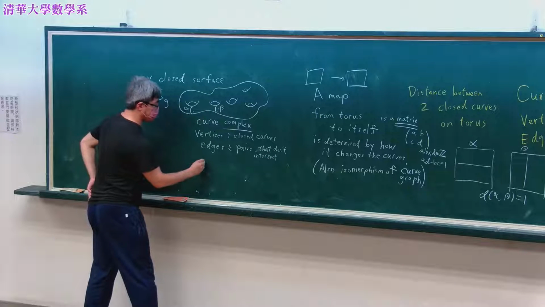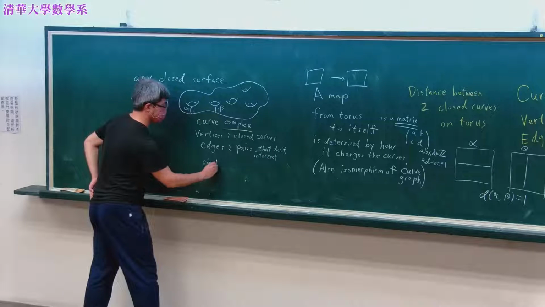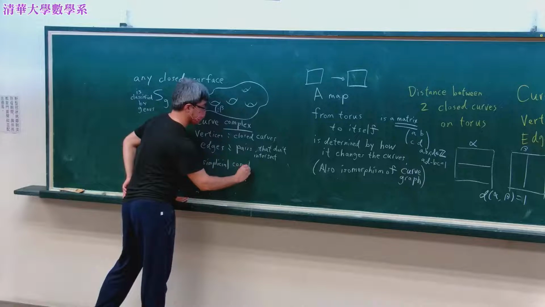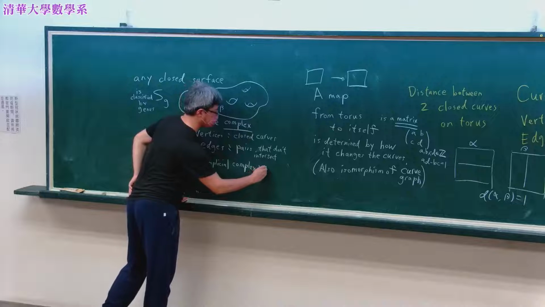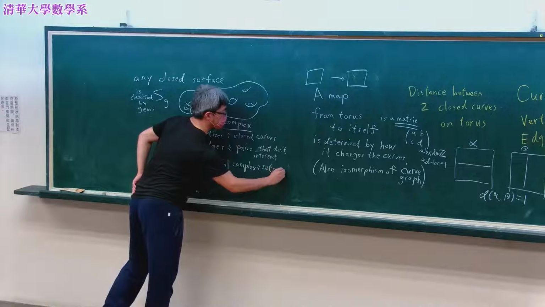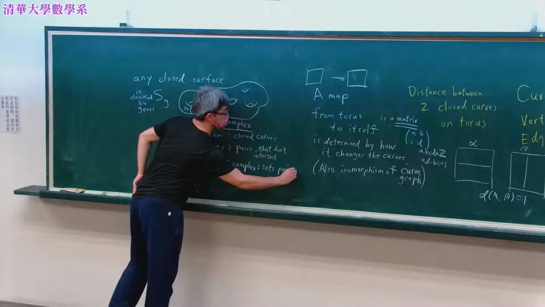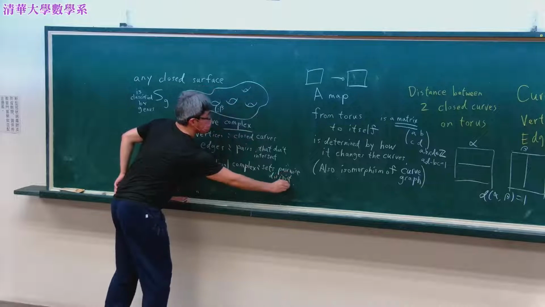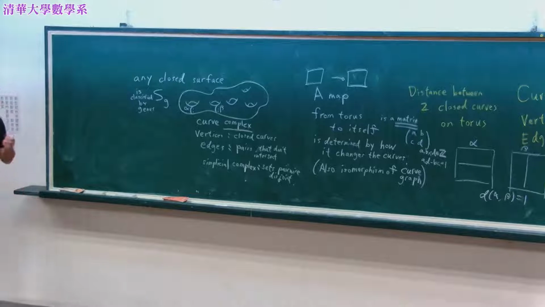And then a simplicial complex is when you have sets that are pairwise disjoint. But thankfully, those are formal words that we give. We don't need to worry too much.